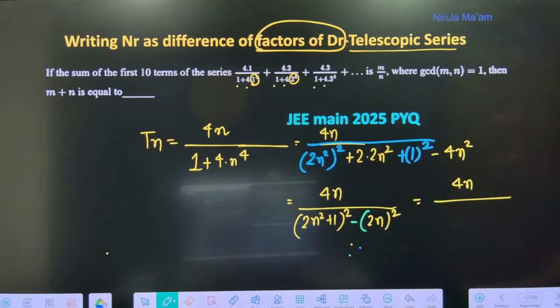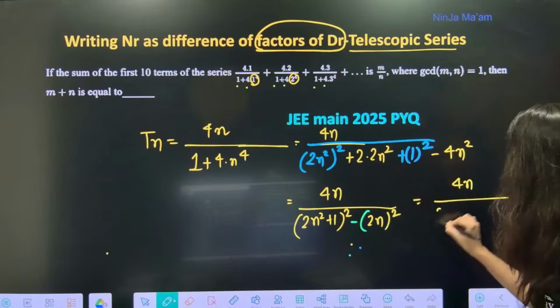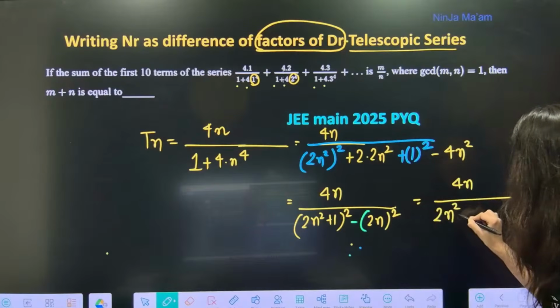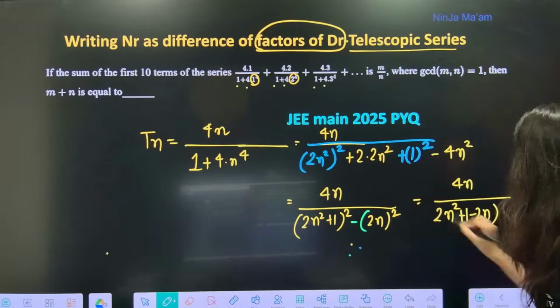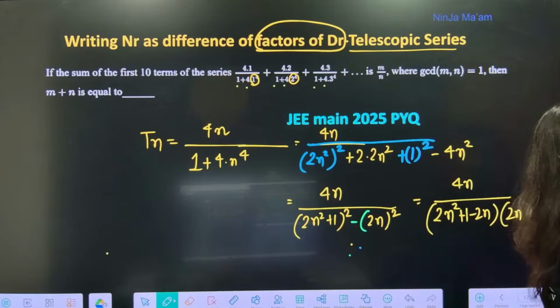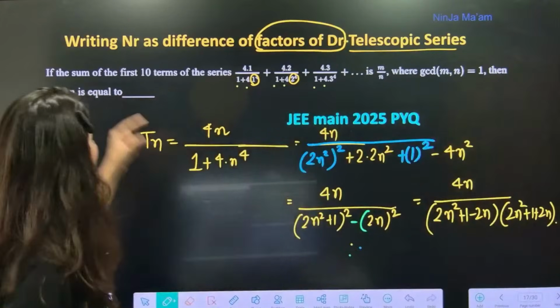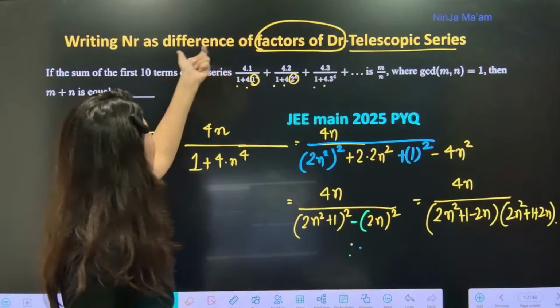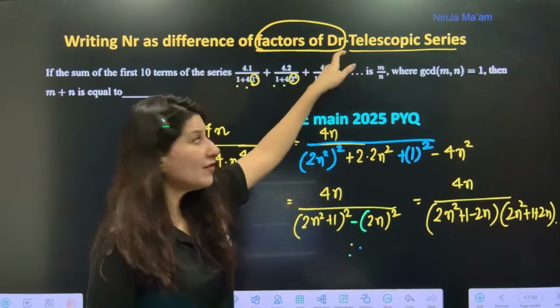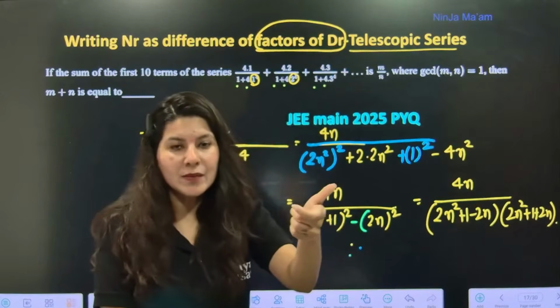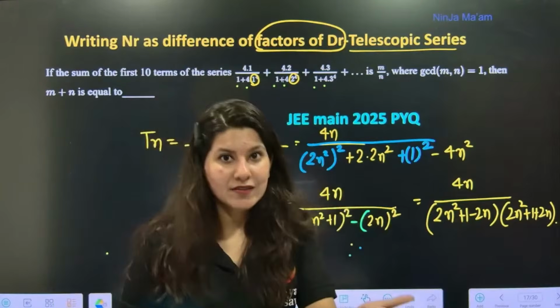Okay. So a square minus b square: a minus b and a plus b. Now, understand the model: writing numerator as difference of factors of denominator. Sometimes factors will be given to you, sometimes not.